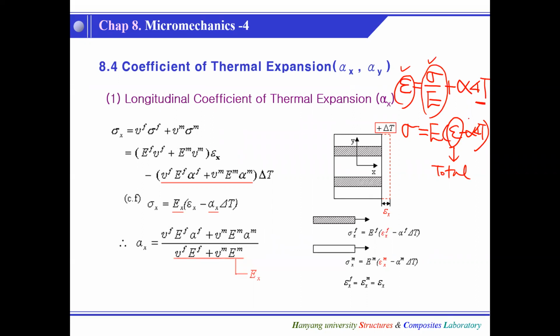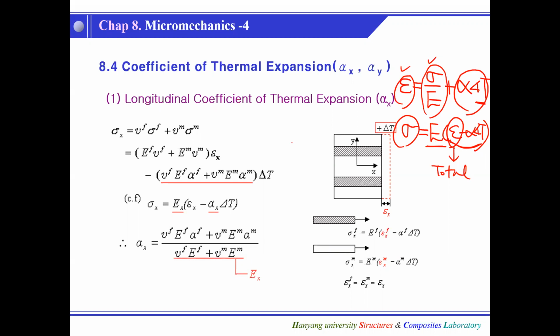So this is the stress in terms of mechanical stress, and this is the strain caused by the thermal increment. So in this equation, total strain minus the thermal strain gives the mechanical strain, and multiplying by the E gives us the mechanical stress. Okay, so keep that in mind.